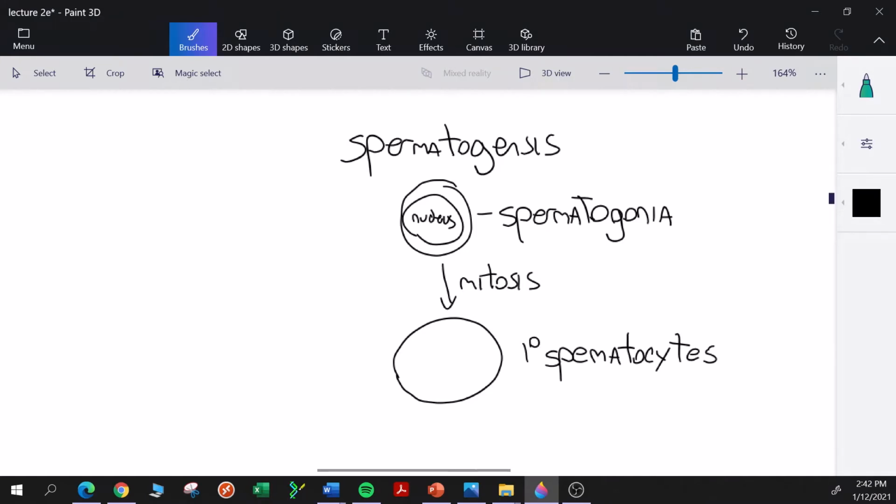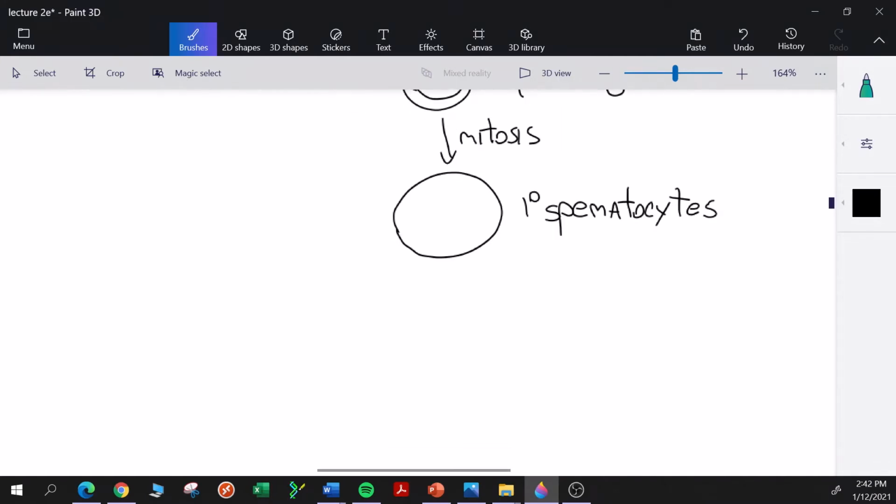The primary spermatocyte is the cell that undergoes meiosis, well, undergoes the first division of meiosis. So I'm going to diagram one tetrad in here to represent, say, all the tetrads that might be present in this primary spermatocyte.